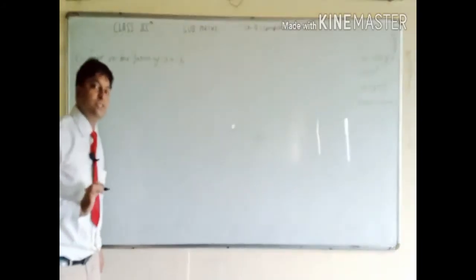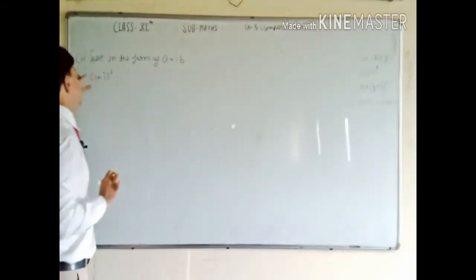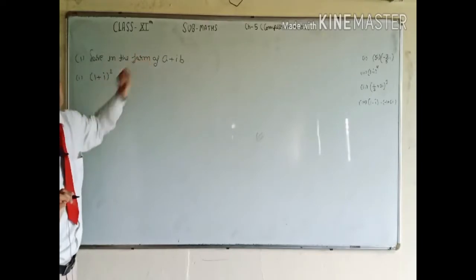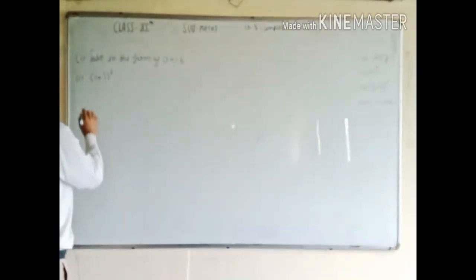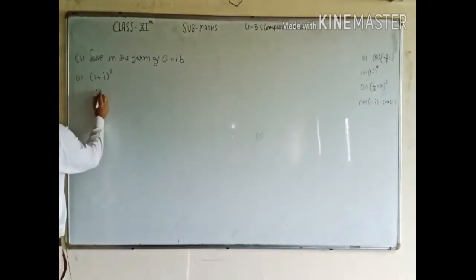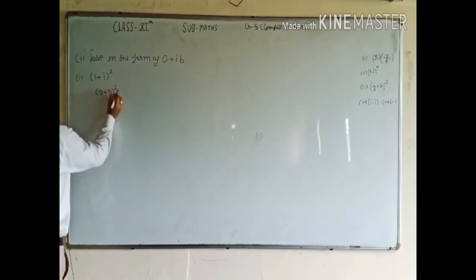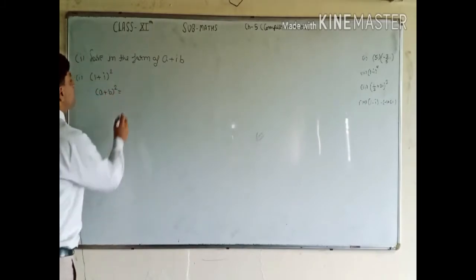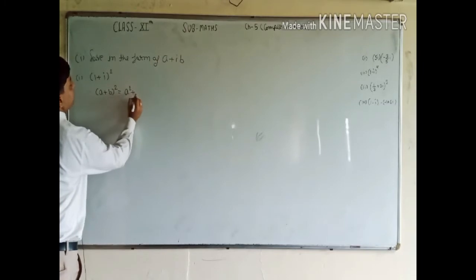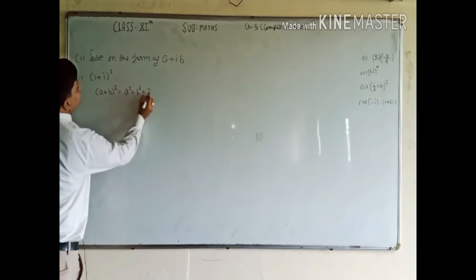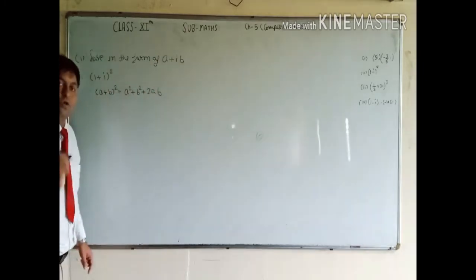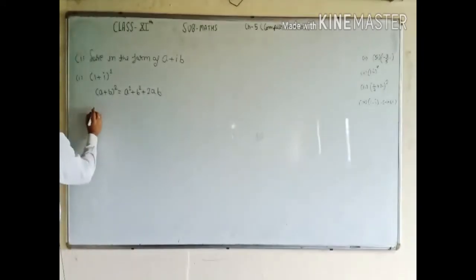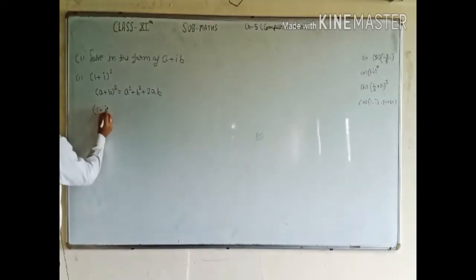Okay students, now we change this in the form of a plus iota b. Now we know that a plus b whole square is equal to a square plus b square plus 2ab. Now this is 1 plus iota whole square.